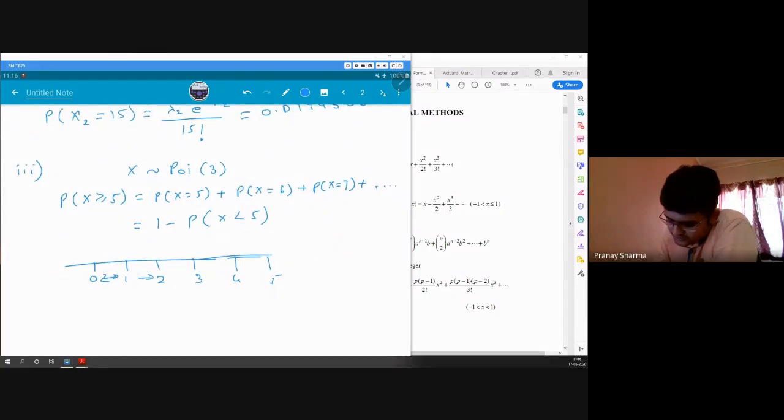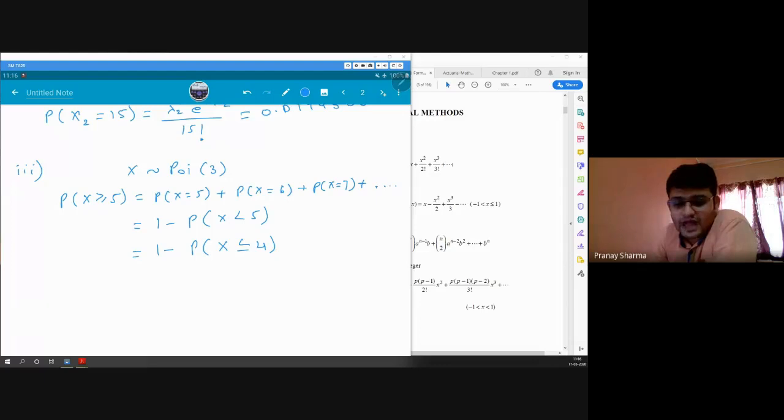There is no value between 0 and 1, no value between 1 and 2, no value between 2 and 3, and similarly no value between 4 and 5. So when I say probability X less than 5, I am not including 5. So the next value that I am including is actually 4. There is no value between 4 and 5. So probability X less than 5 is nothing but probability X less than or equal to 4.